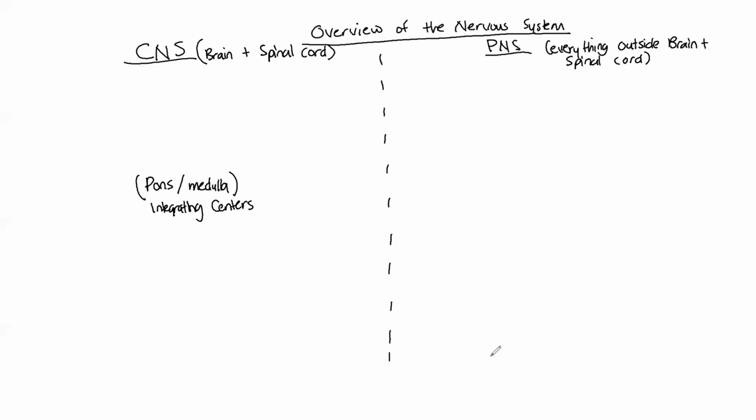On that basis, we can then speak about afferent signals. Signals that are coming from the peripheral nervous system into our integrating centers, we call these types of neurons afferent or sensory neurons.